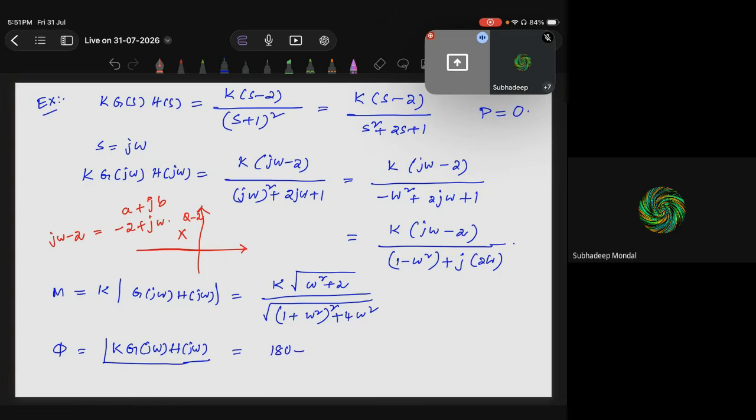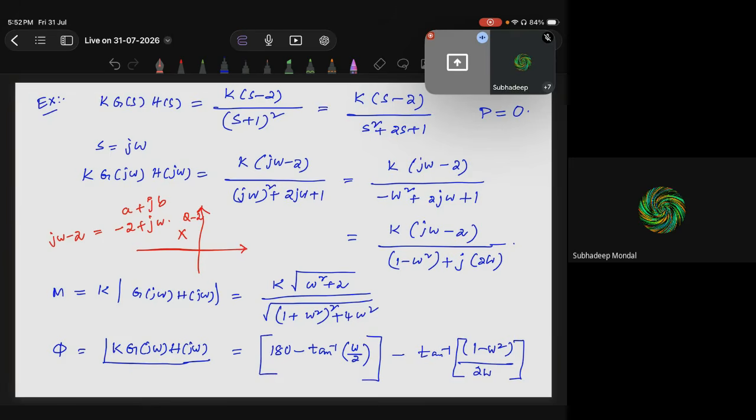So the numerator angle will be tan inverse ω by 2. Is this clear? Okay, numerator. And the denominator is tan inverse of real part divided by imaginary part. Any doubt? If you have any doubts, you can ask now.